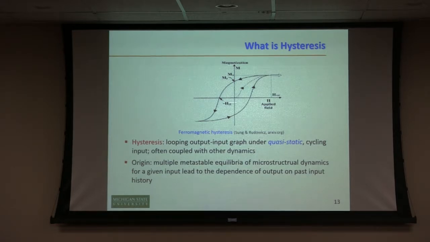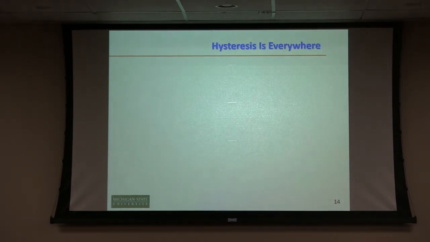Could it be individuals and companies for society? Depending on what you're looking at, such a huge system will have a lot of equilibria, and which one you will be parked at will depend on the input history. So that's why it is showing up like that. So hysteresis is everywhere. Maybe a little bit of exaggeration, but not quite.